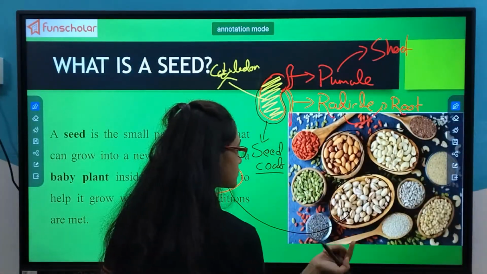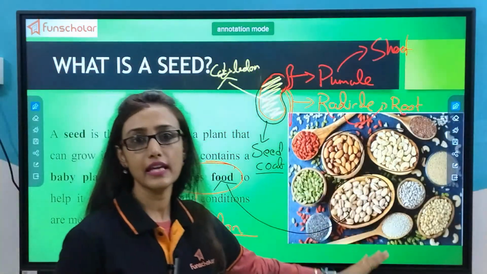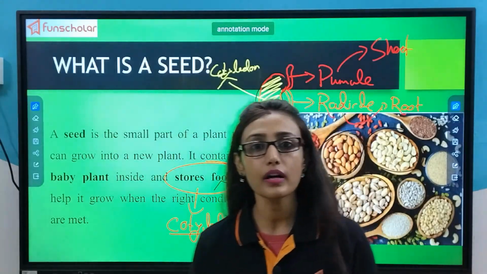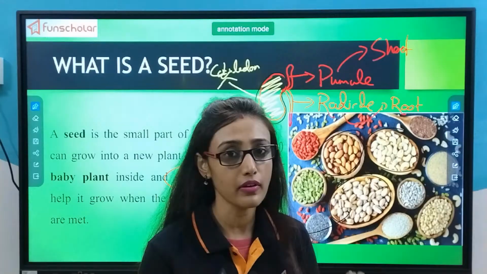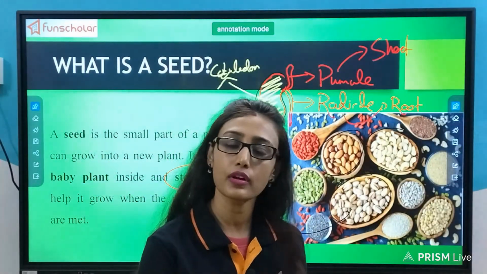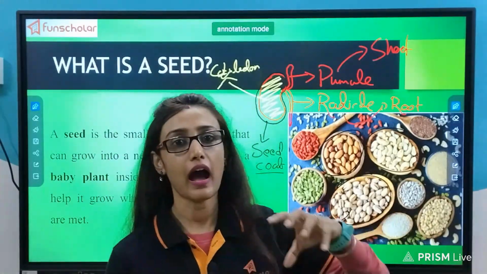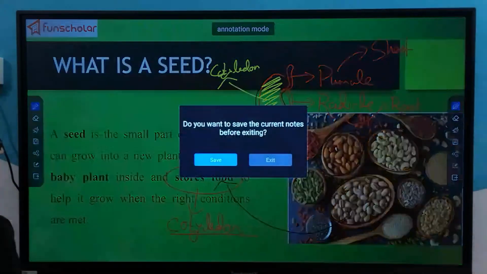Pista also the same. So now you understand why we eat seed. We eat the stored food of the plant for our nutritional need. The stored food is full of nutrients. That's why it is kept there for the use of the baby plant, and instead we eat that for our health benefits. Okay? Now next.